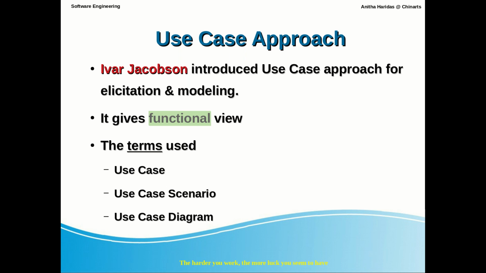The different terms used are use case, use case scenario and use case diagram. Though these are used interchangeably, they are different from each other. Let us see what these terms are.